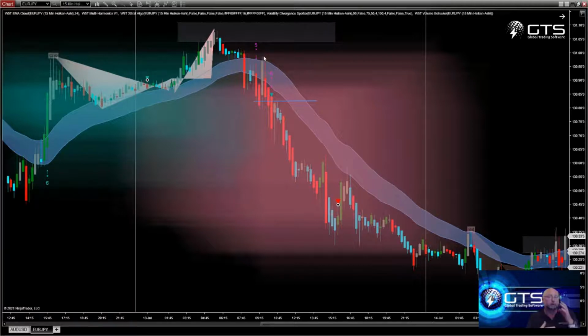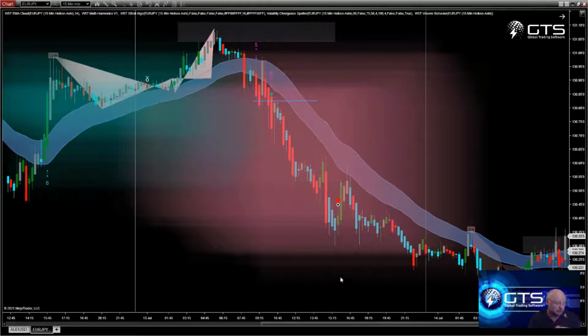Within the bundle, you've got harmonic and XBrat, and you can trade them separately, and they're both signal generators. And then your confirmation, if you like, is this cloud that you see here, this confirmation cloud. So we've got that formed. We get into this trade, and then we use the EMA Cloud, the blue EMA Cloud, to manage this trade.